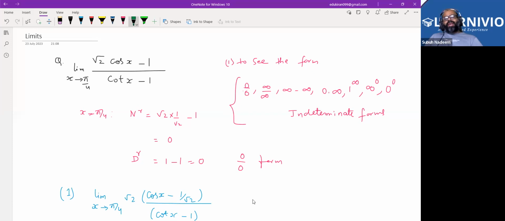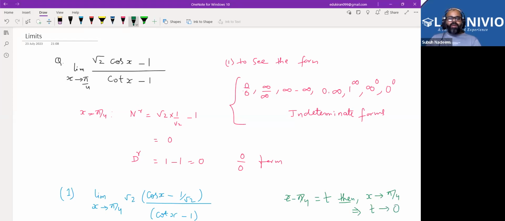In most cases, if x approaches a non-zero value in the limits, we generally do substitution. So you should think of substituting x minus pi by 4 is equal to t, because when you do this, if x is approaching pi by 4, then t will be approaching 0.